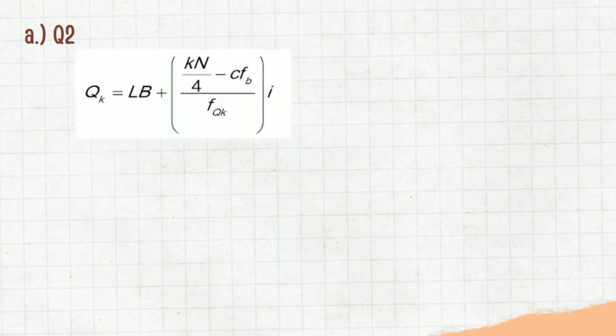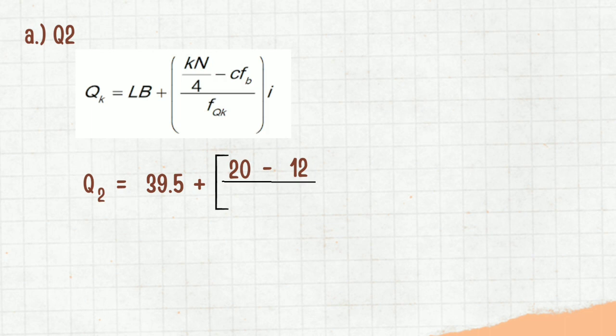Now let us substitute the values to the formula. So Q2 is equal to 39.5, the lower boundary, plus the quantity of kN over 4, which is 20, minus the CFB, or the cumulative frequency before the class, which is 12, over the frequency of the class, which is 10, times the interval, which is 10 as well.